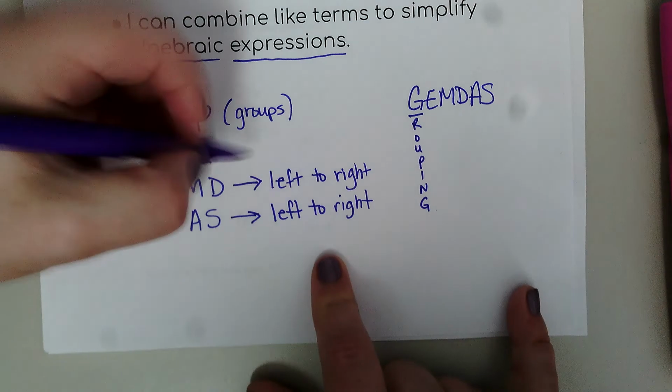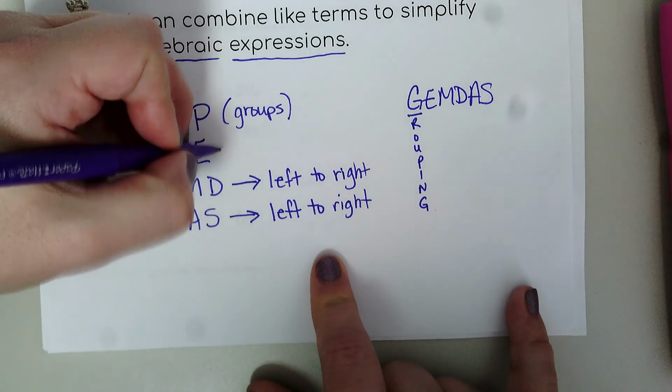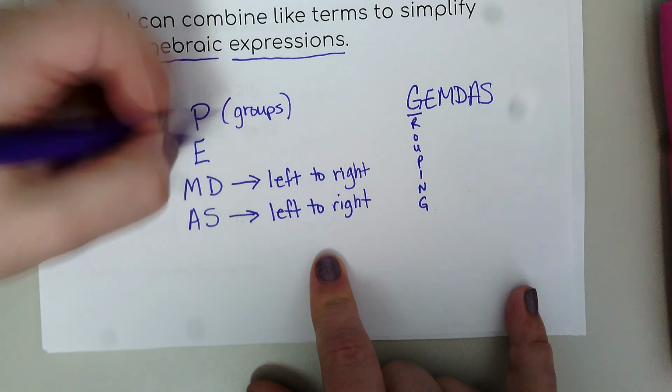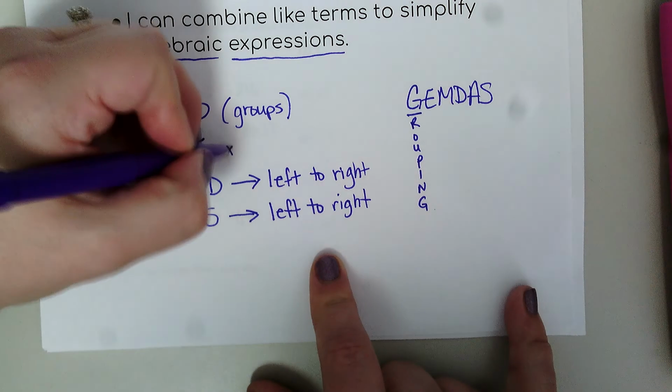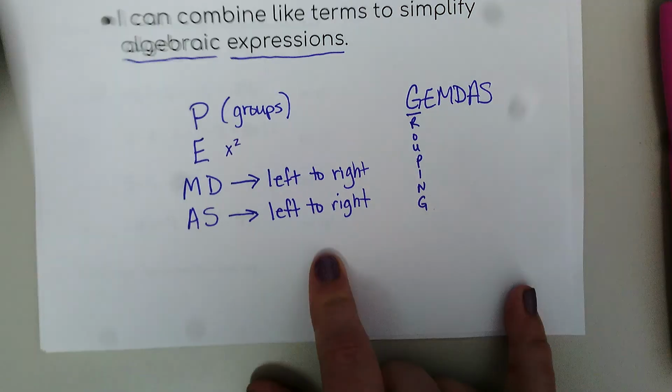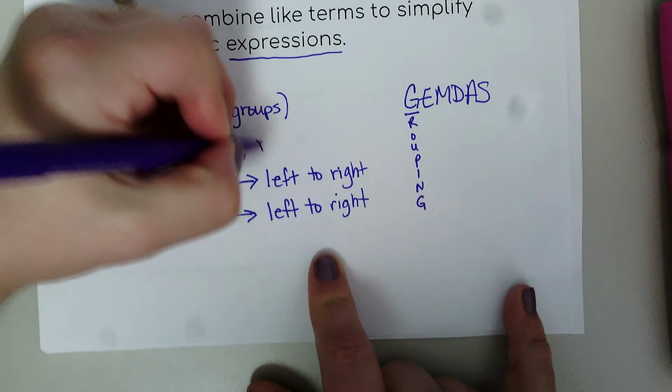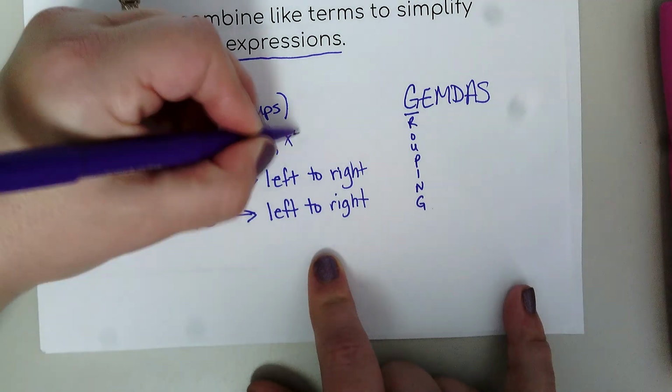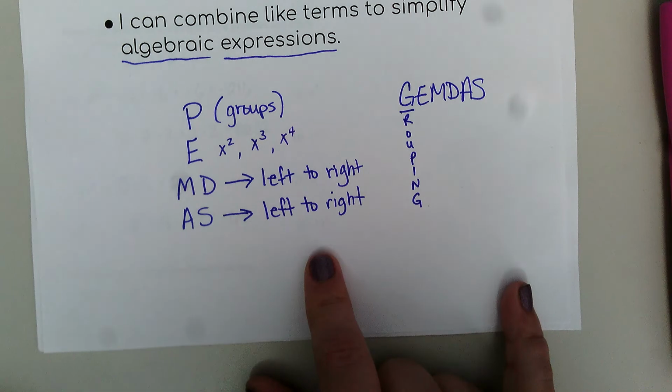And then our E is our exponents, right? And that is just what we talked about. So we have to take care of any squareds or thirds or to the 4th power or anything else that we do before we do any multiply and divide or add and subtract, okay? So this is the order.